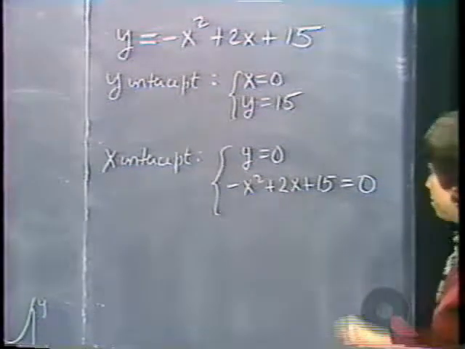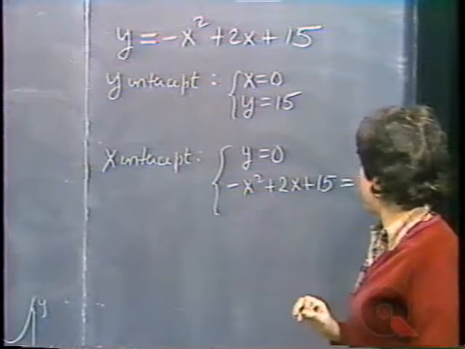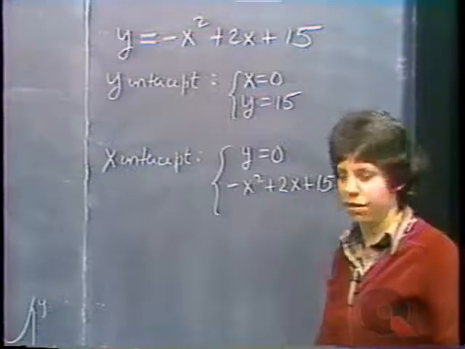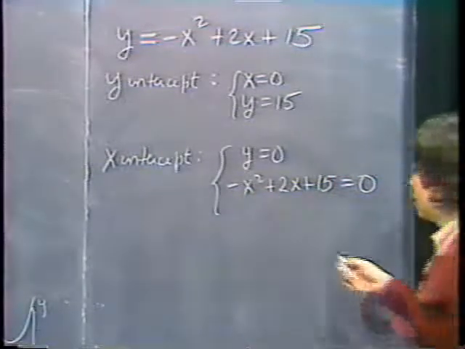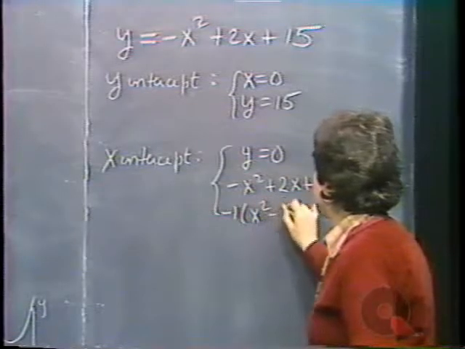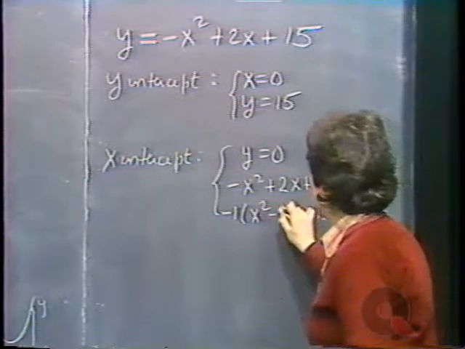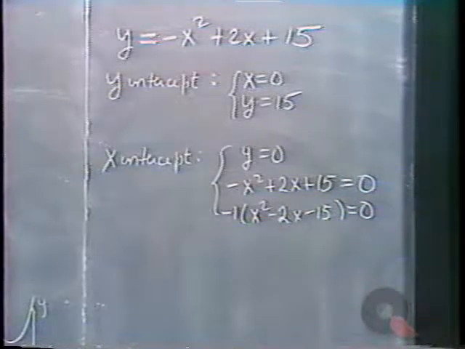I find it convenient, if I would like to try to factor this, to start with the lead coefficient positive rather than negative. So I'm going to factor out a minus 1 here, leaving x squared minus 2x minus 15 equals 0. Or you could divide both sides by minus 1 and just get x squared minus 2x minus 15 equals 0.